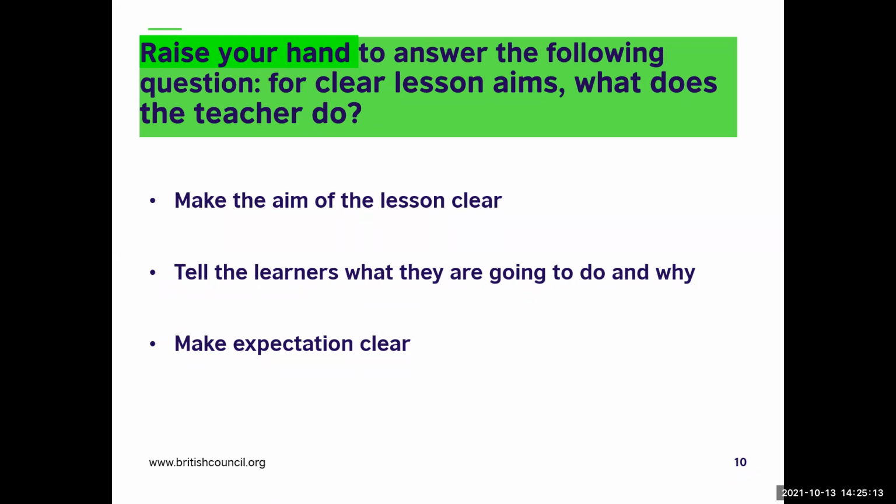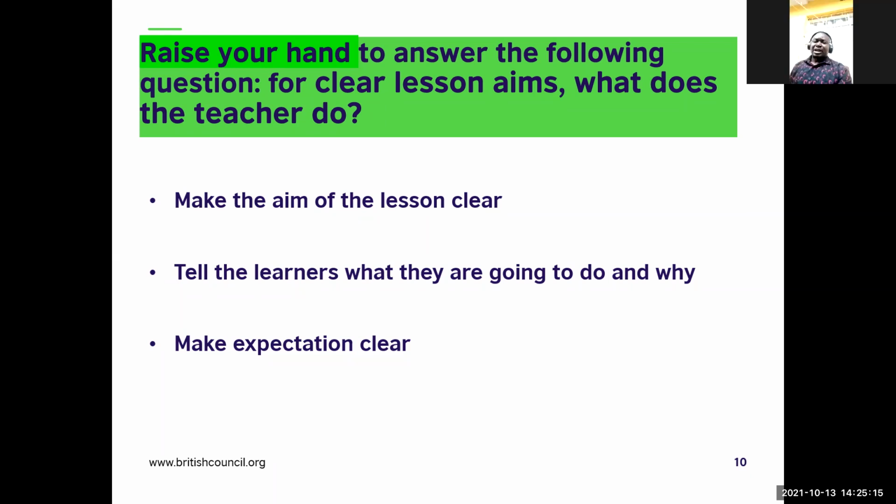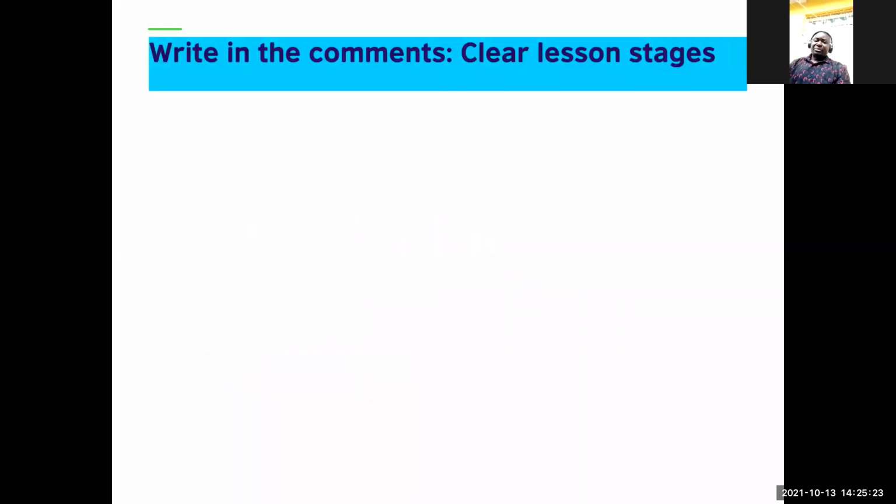And another factor that we would like to talk about now, curious next, is clear lesson stages. You have already made the aims clear to your learners, and you need also to go to the clear lesson stages.